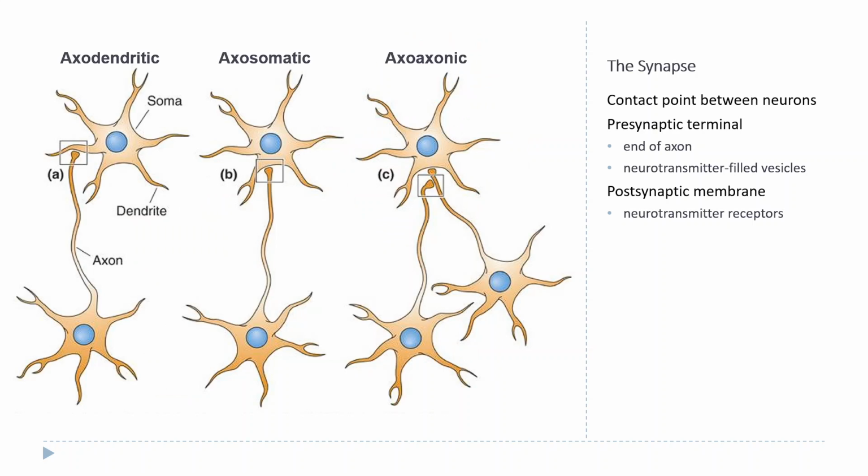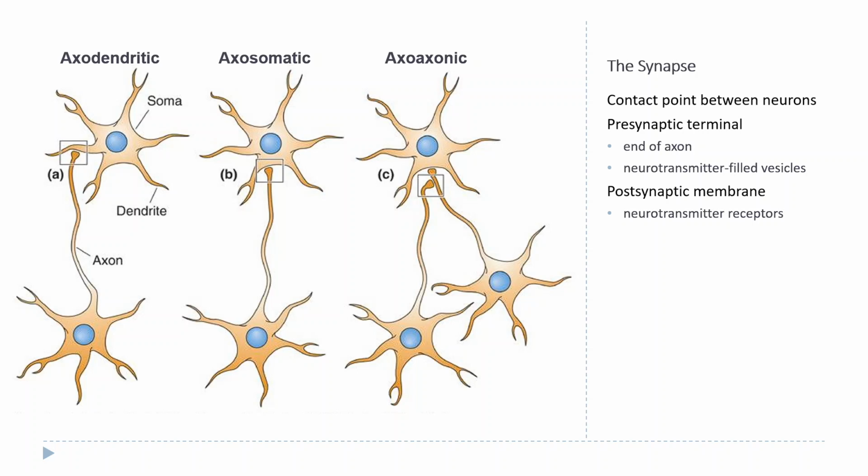And there are lots of different types of synapses, like I said. Mostly we'll be talking about synapses between neurons, but you can also have a synapse from a neuron to, for example, a muscle cell. The presynaptic terminal is always the end of an axon, but the postsynaptic membrane can be on the cell body of a neuron, or it can be on the dendrite.